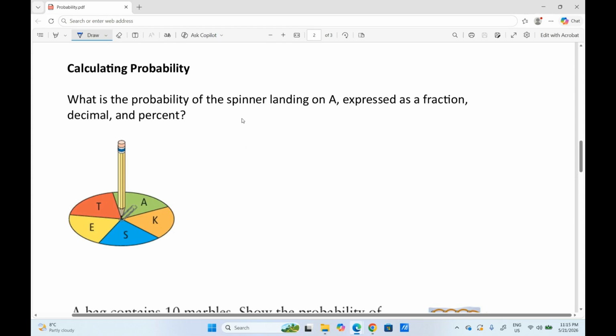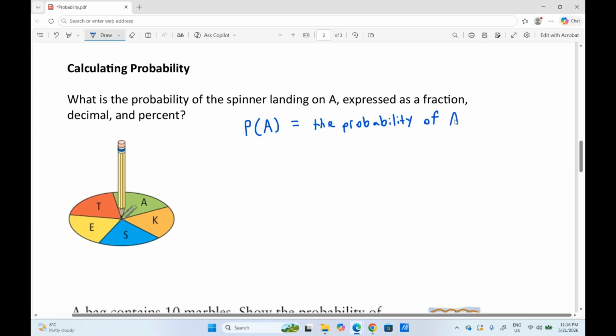So first things first, I want to talk about something. P(A) basically means the probability of A occurring. So A is just what I'm looking for right now. So again, P(A) just means the probability of A occurring.